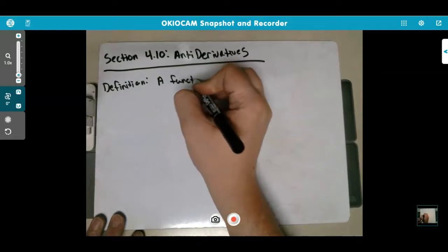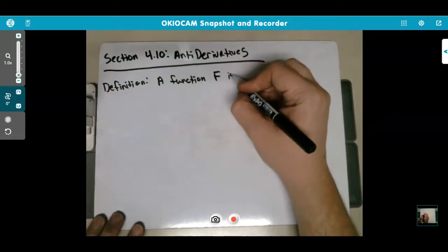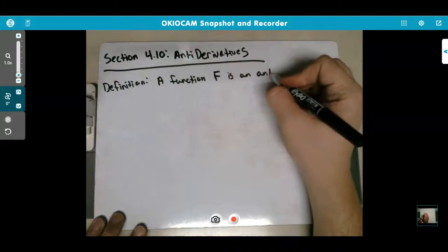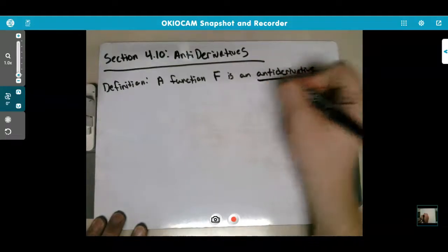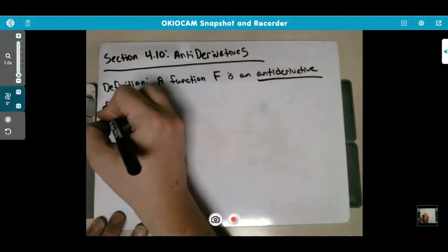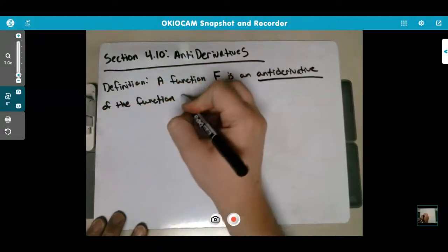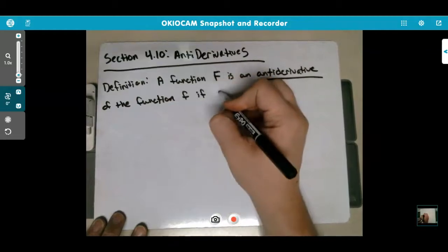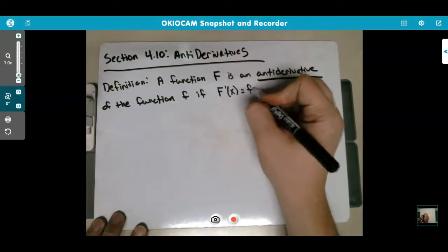A function, we normally use capital F now, is an antiderivative of the function f if the derivative of capital F is equal to f of x.